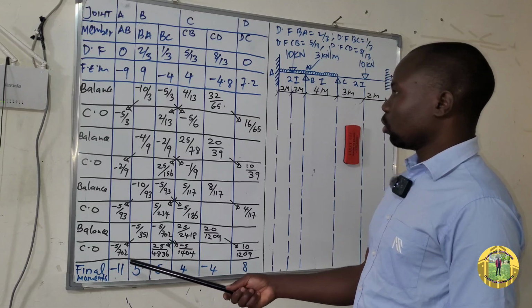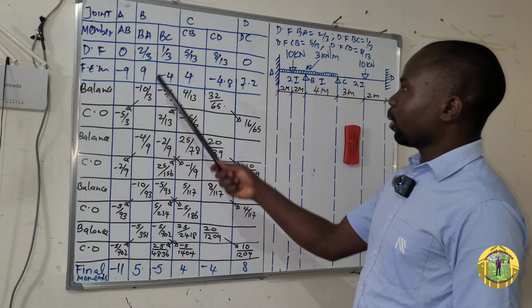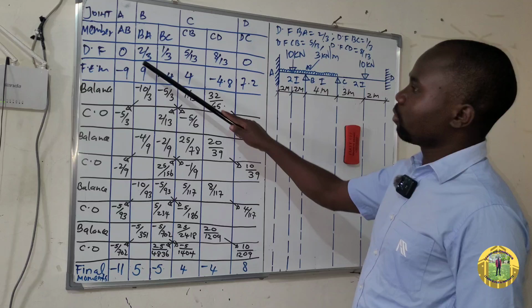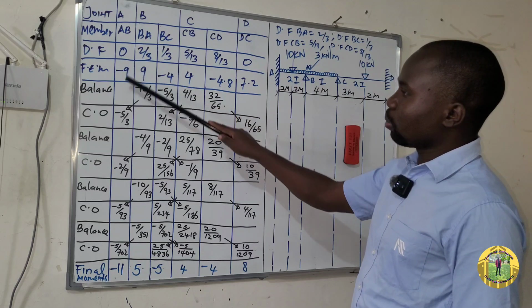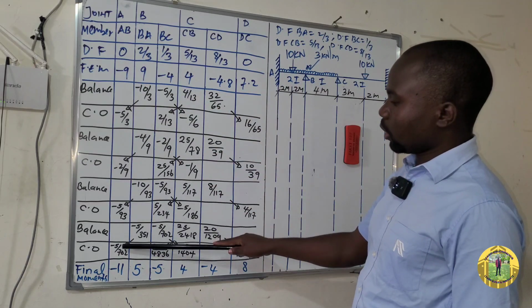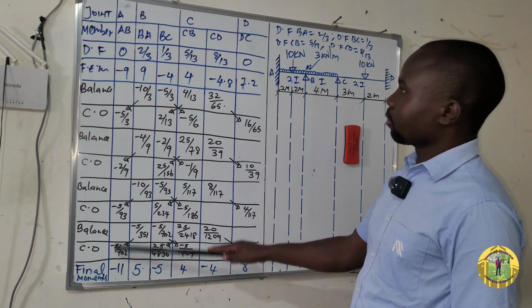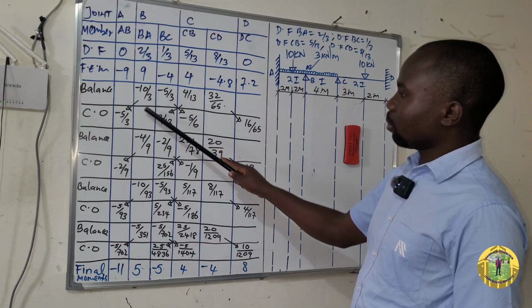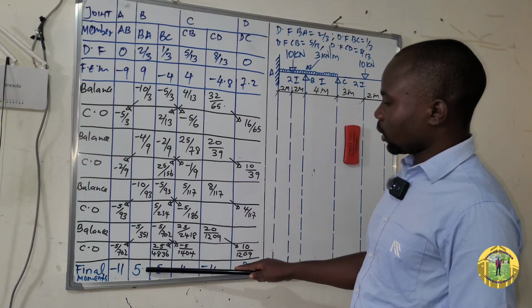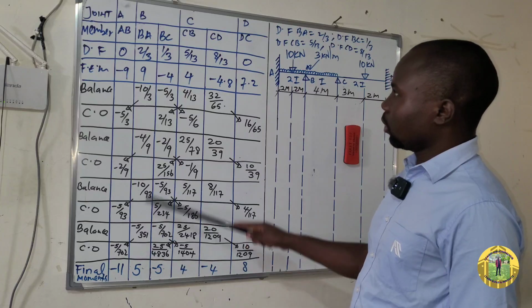So your final moment for AB, you will start adding from fixed end moment, this one plus this one plus this one plus this one plus this one, you will get negative 11. Positive 9 plus this one plus this one plus this one plus this one, you will get positive 5.